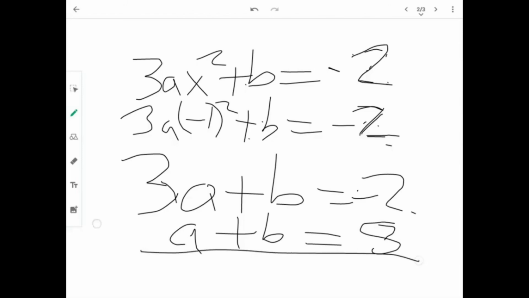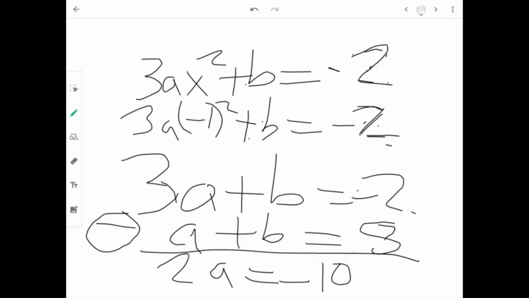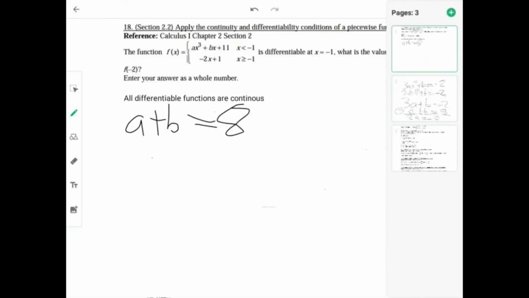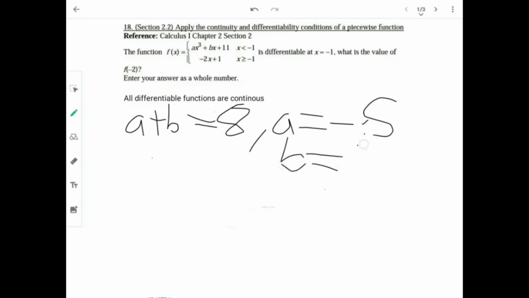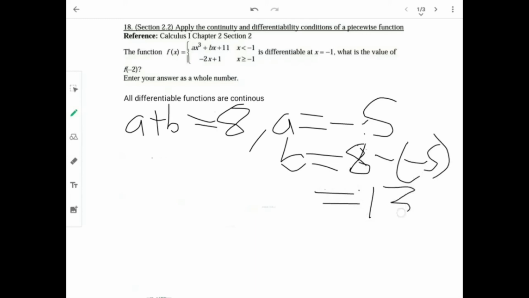When you subtract, 2a is equal to minus 10. So a is equal to minus 5 and b is equal to 8 minus 5, which is equal to 13.